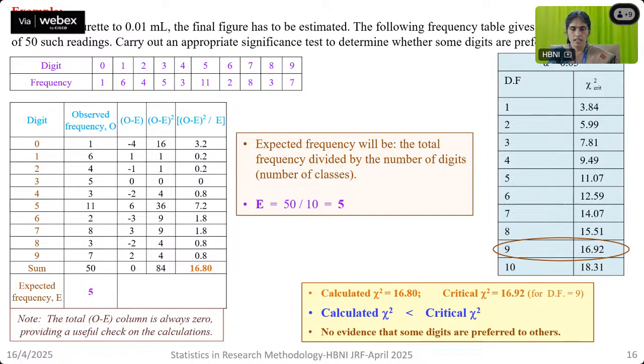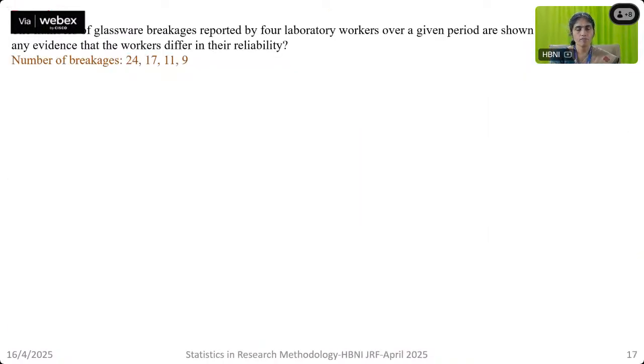From this data, we conclude that there are no preferences or choices for certain digits over the others. The data is reliable. Whatever variations in the frequencies of observations are due only to random variation. The person does not have any bias towards any particular digit. That is the conclusion we draw from here.